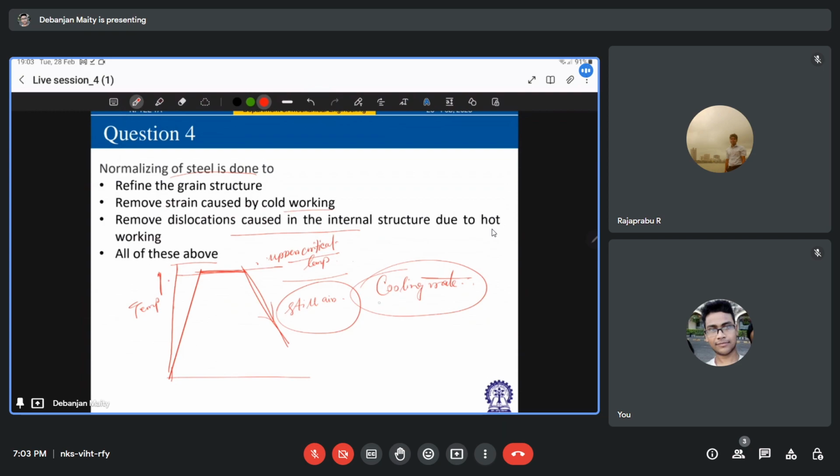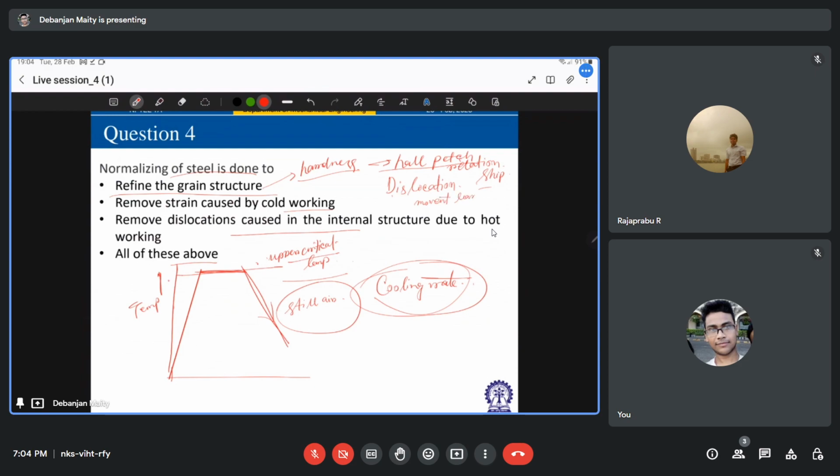Of course, through higher cooling rate, you can refine the grain structure, which induces this hardness, because you have already gone through this Hall-Petch relationship. The Hall-Petch relation says that if you have a more refined grain structure, more number of grains, it can induce more barrier to your dislocation movement. That's why your strength increases, right?